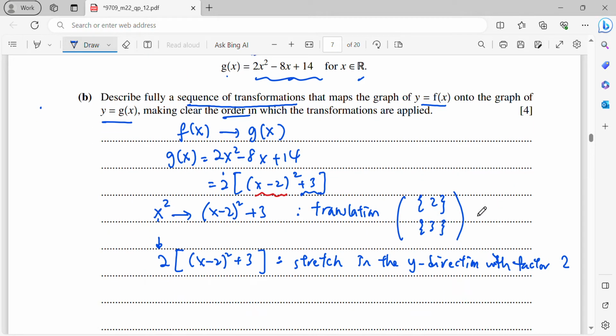Alright, so if you want to write down the sequence of transformation, so I will say that this is a transformation.